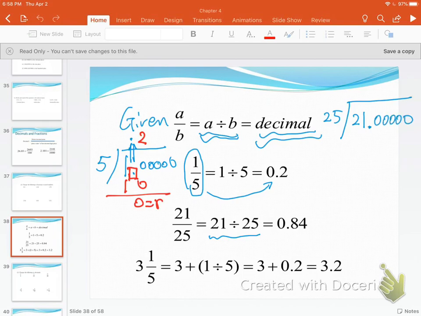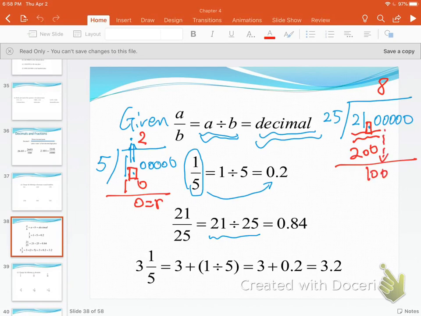Make it a very big number inside the dividend, if you forget about this decimal point. So now it's not 21 divided by 25, it's 210 divided by 25. What did we get first? We got 8 here. 25 times 8 is 200. 210 minus 200, we got 10.